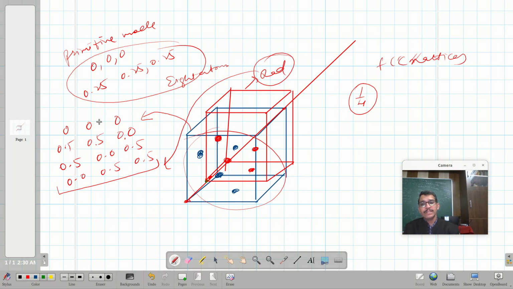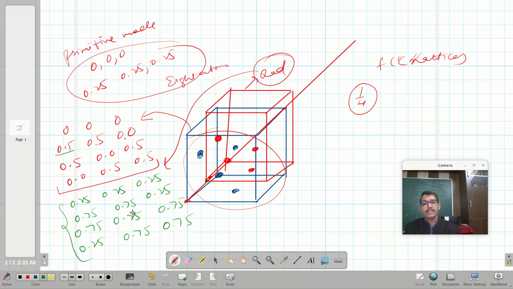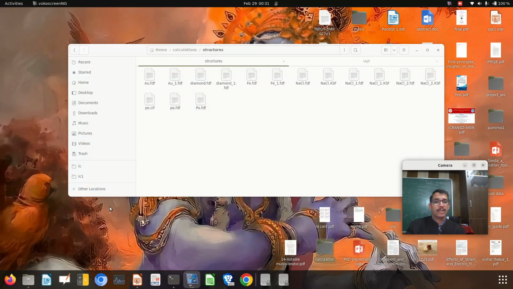So when this atom is displaced by 0.25, its coordinates are 0.25, 0.25, 0.25, and the others will become 0.75, 0.75, 0.25, then 0.75, 0.25, 0.75, and 0.25, 0.75, 0.75. So this is the situation which we are getting. Let me put all these inside the FDF file and try to visualize it with the help of GDIS, right?